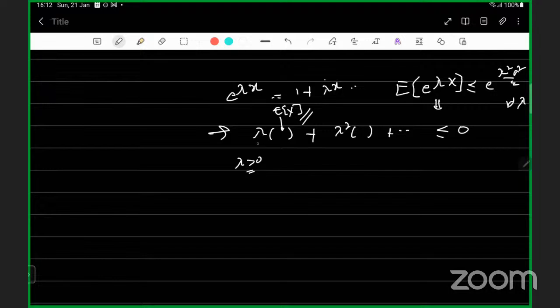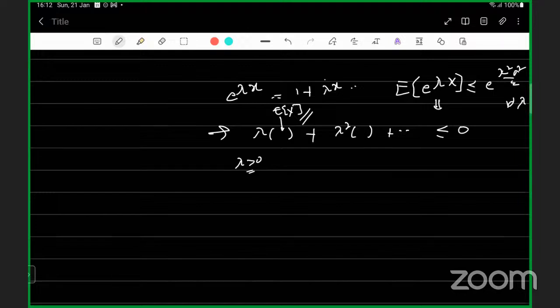Then instead of dividing by positive lambda, you divide by negative lambda and again take lambda to 0, then you'll get expected h greater than or equal to 0. So from both those things, you can conclude that expected h is 0.